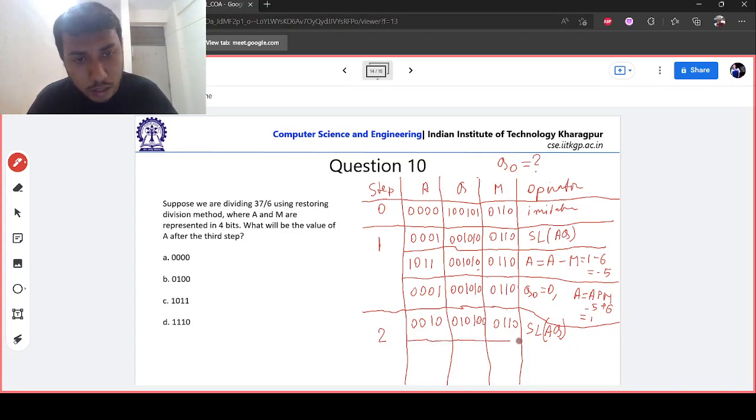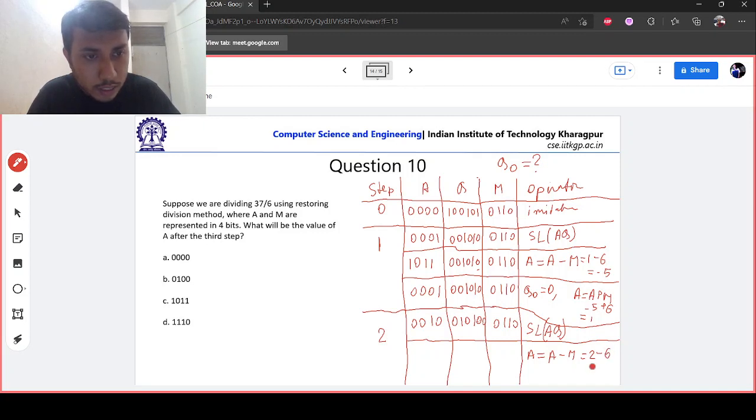Now, just like previously, we will do A equals A minus M. So what is A in this case? 2. And what is M in this case? 6.